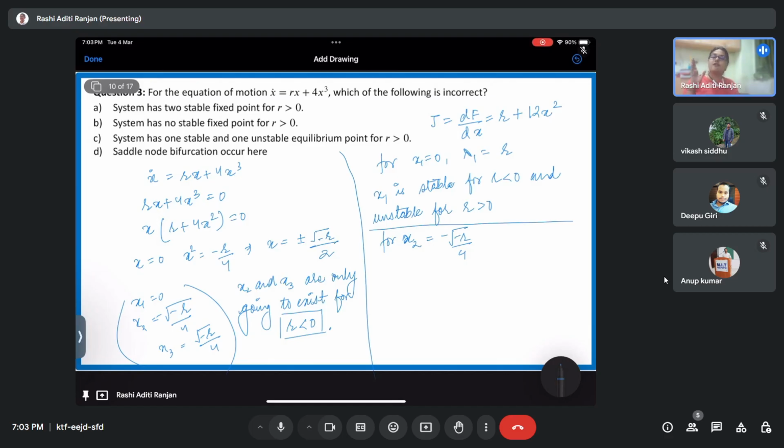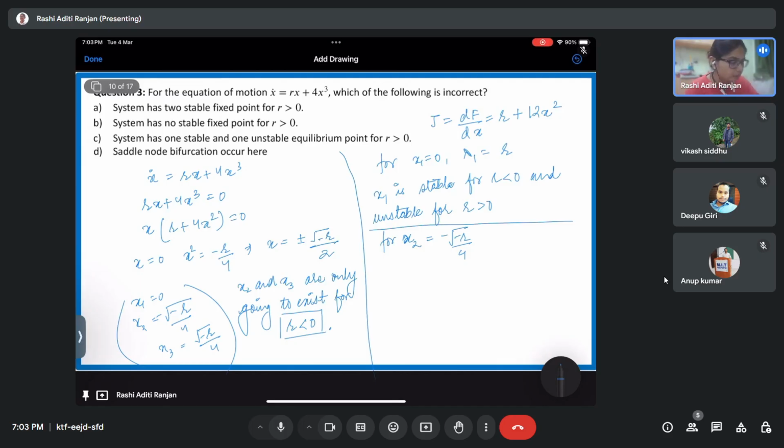Yes, because we have minus of r and then we have an under root. So only if the value inside the under root is positive, then only we are going to get a real fixed point. Otherwise, the fixed points are going to be imaginary, which makes no sense.